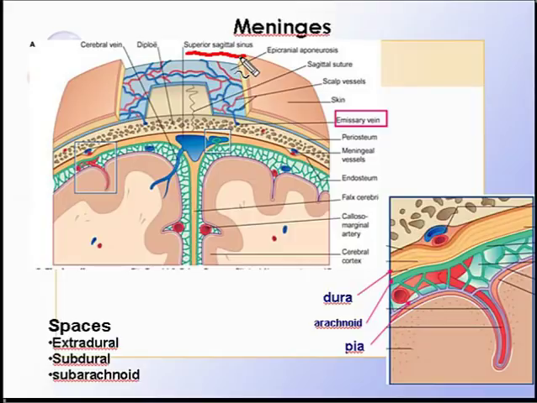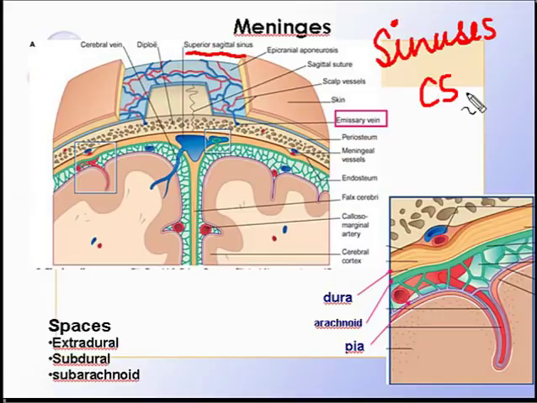So in certain areas of the brain you'll find that this dura mater separates into two layers, and in between the two layers you have venous sinuses present, and these venous sinuses are important because the absorption of cerebrospinal fluid takes place in these venous sinuses.